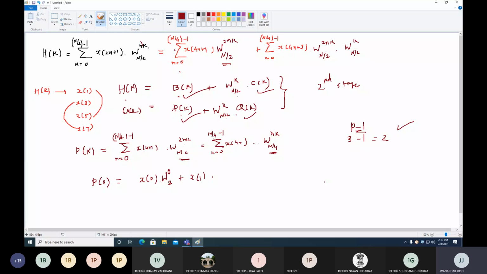The last limit of n in this equation is how much? This is 1, 0 and 1. N by 4 is 2, 2 minus 1 is 1. So if you put n equal to 1 here, this becomes x of 4. So x of 4 into W2 raised to 0. Correct? Yes or no? W2 raised to 0. Alright? W2 raised to 1.